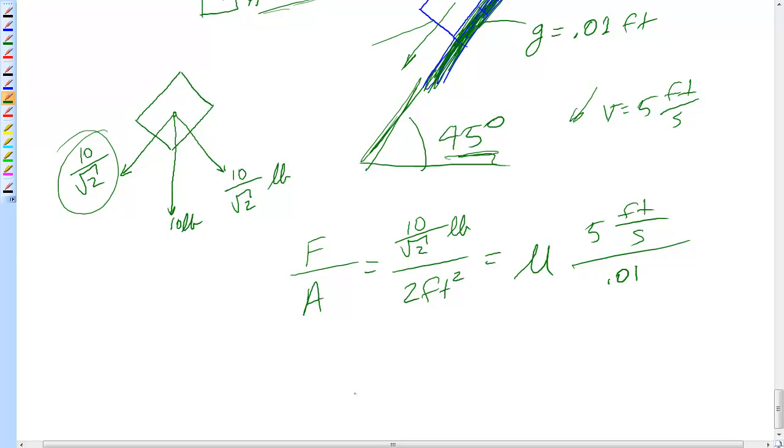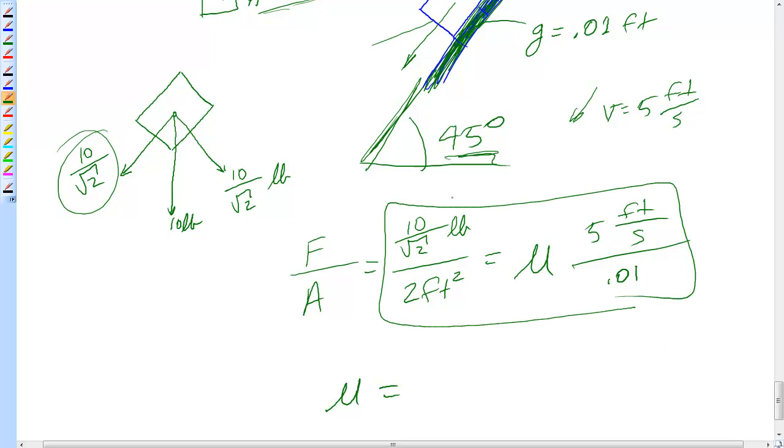And you can put in your 0.01. Now you can come back and figure out viscosity and just rearrange this equation. This is nothing more than tau is equal to mu dv dy.